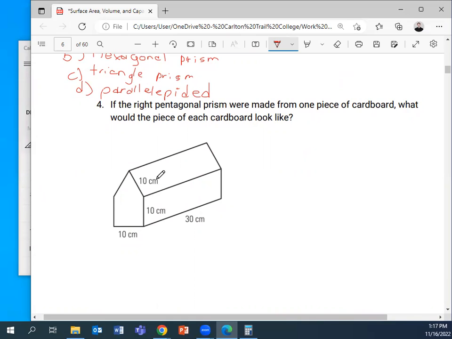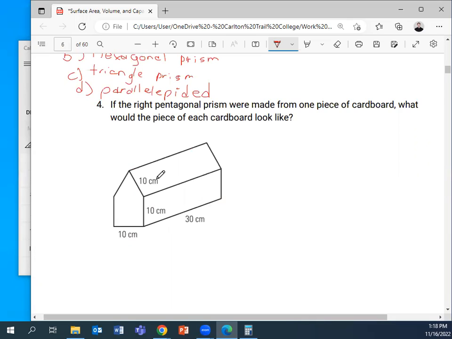And now for number 4, the difference is for number 2, it just wanted us to find the surface area. For number 4, it wants us to know what each piece of the cardboard would look like. Remember, every box you make starts off with something like this. This one we're not looking for the surface area at all.